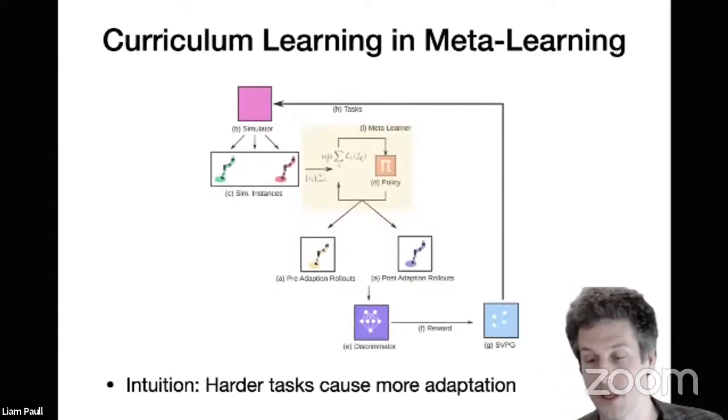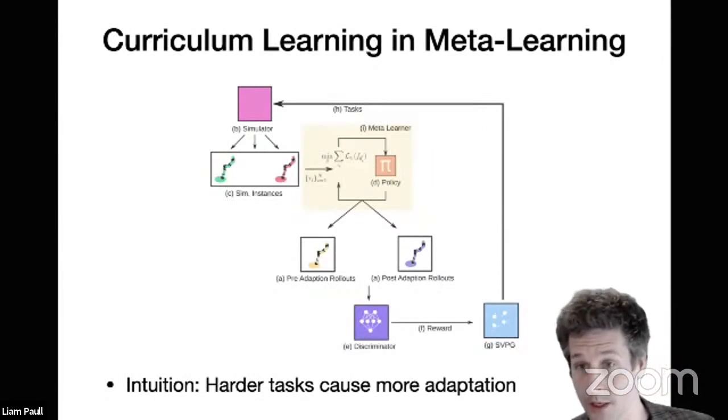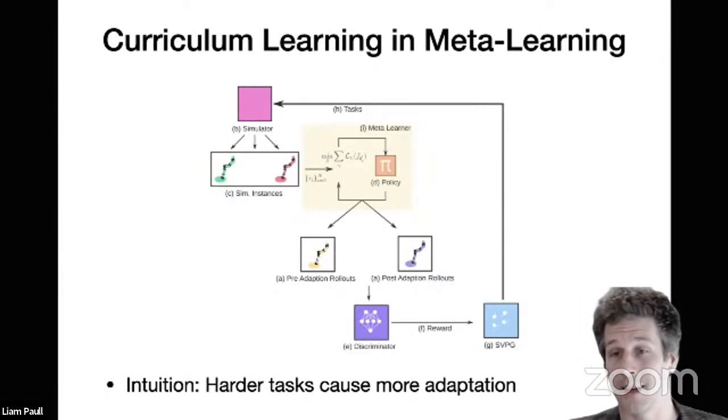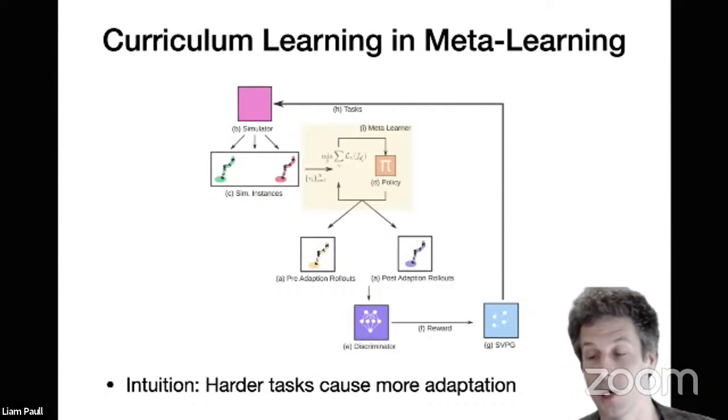So the first thing that we can do is put this within a meta-learning framework. We can keep the entire pipeline the same, except in a meta-learning context, you can intuitively think that harder tasks are going to cause more adaptation.